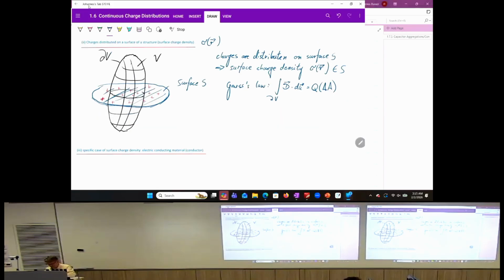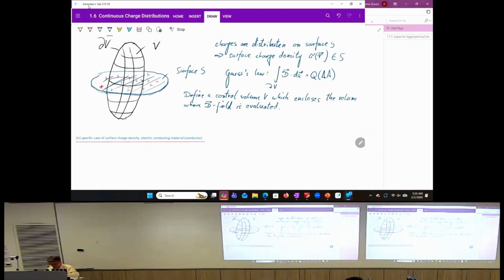So basically we then define, as we have plotted here already, a control volume which encloses the volume where the D field is evaluated. So you see what we have depicted here. We have defined the control volume where the charge is evaluated.